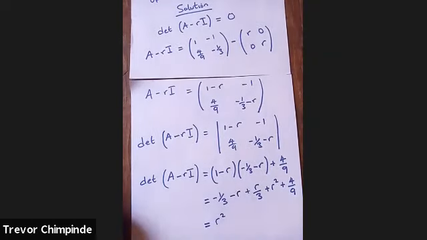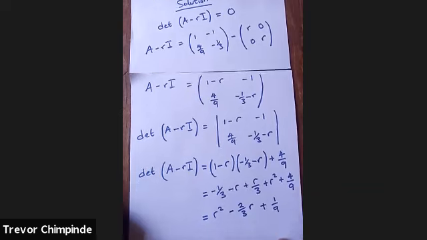So this is minus R plus R/3, which gives us negative 2 over 3 R. And negative 1 over 3 plus 4 over 9 will give us, let's see, yes, 1 over 9.